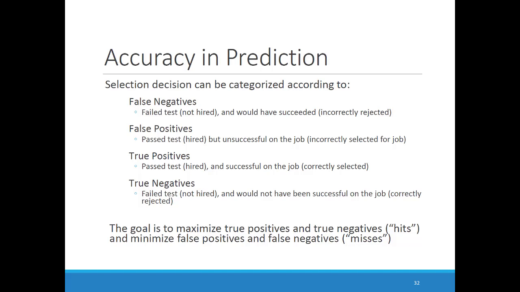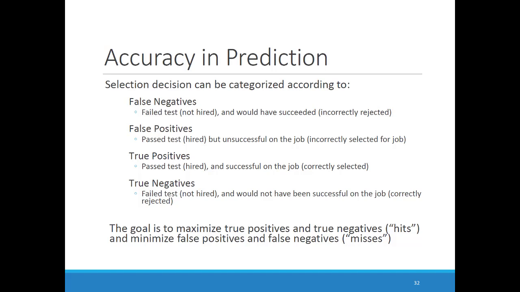In terms of accuracy in our prediction, our selection decisions can be categorized into these 4 categories. So we have false negatives, false positives, true positives, and true negatives. False negatives are people who failed the test, they did not meet the cutoff score, and were not hired, and they would have succeeded on the job.